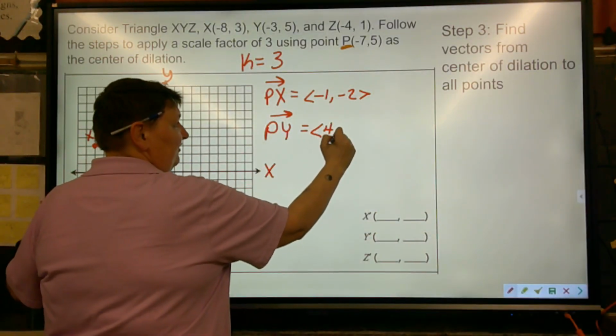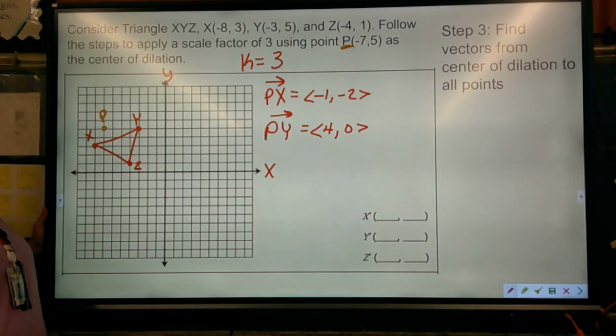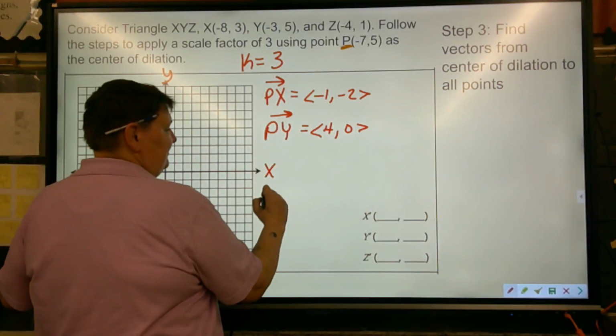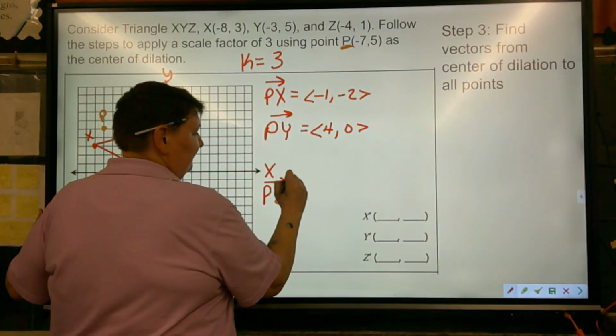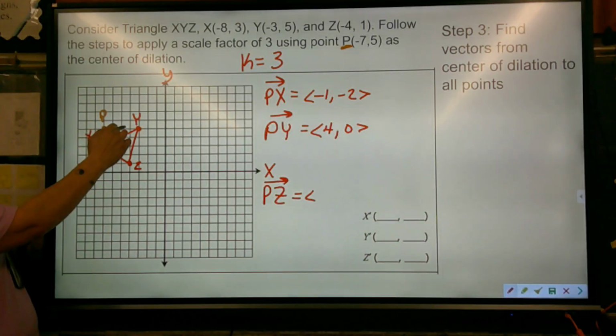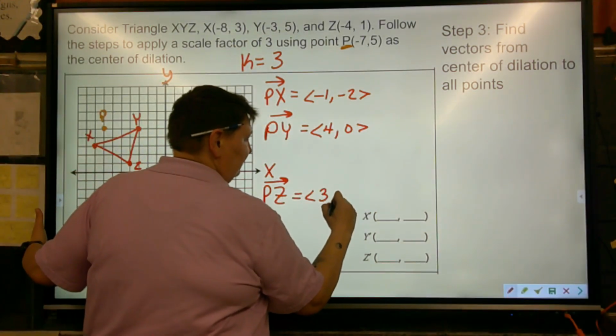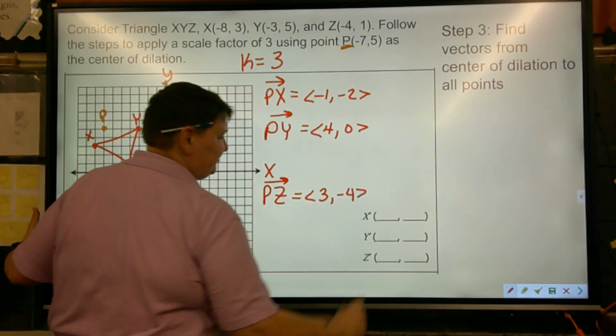Right 4, 0 up or down. And from P to Z, we had to go right 3, down 4. Right 3, down 4. It's just directions.